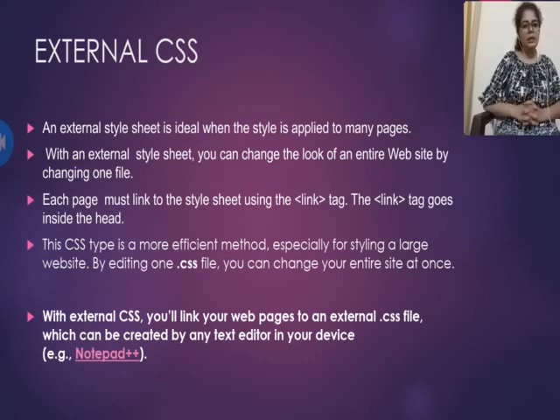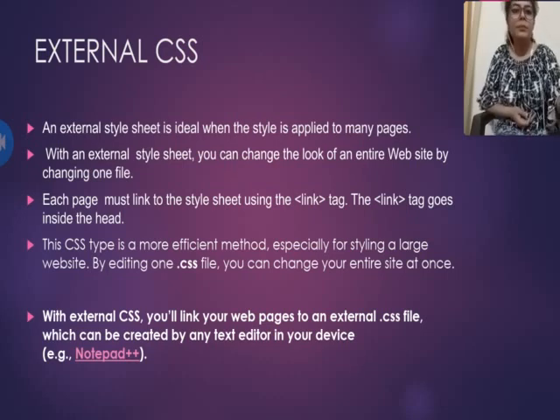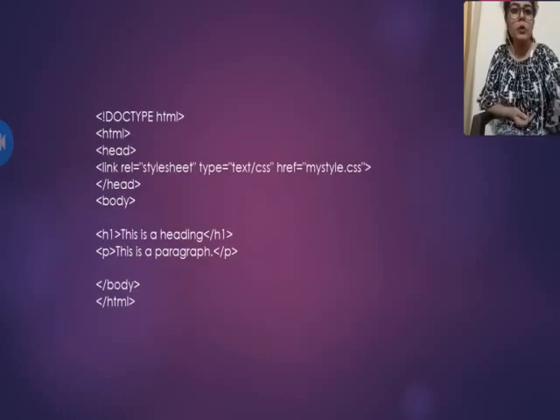You have to create a separate file by using a text editor and save that file with the .css extension. After that we will link that file to all the web pages of the website, and the style will be applicable to all the pages.